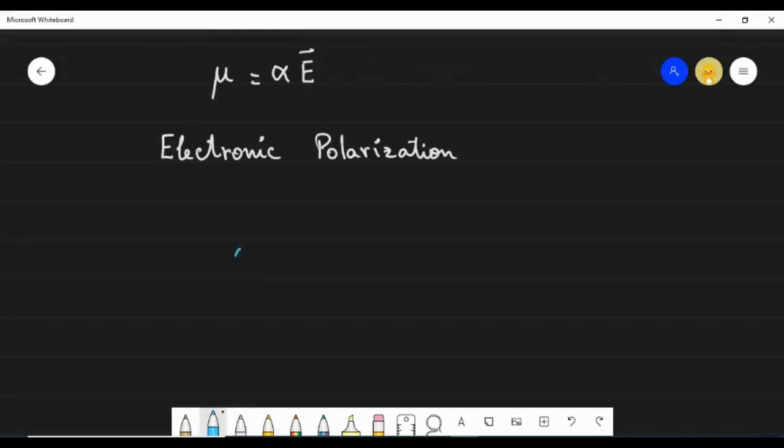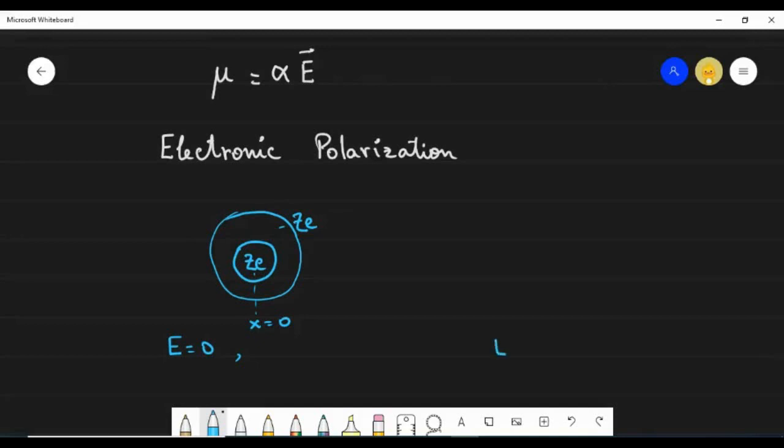When you have a nucleus with a charge Ze surrounded by an electron cloud of charge minus Ze, and if the applied field is 0, then the net polarization is also 0. This can be visualized as both the nucleus as well as the electron cloud having the same center of mass, which means x equal to 0.